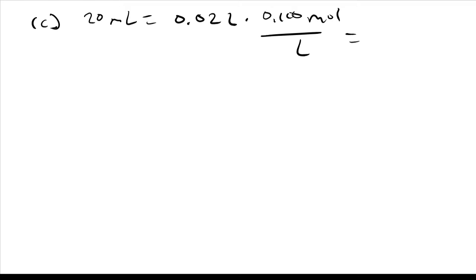Convert that to liters. Alright, so we're going to multiply that by the concentration. And that gives us 0.002 moles of OH minus. Okay, so that's how much base we have. Again, IAF.